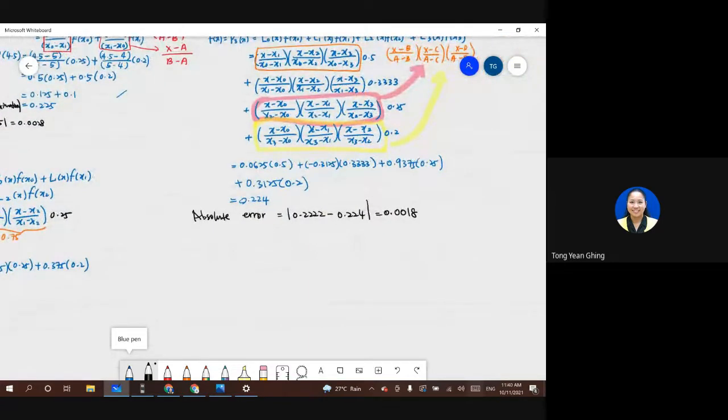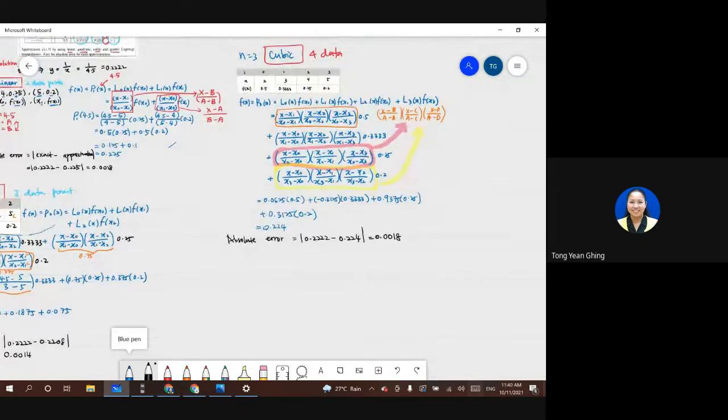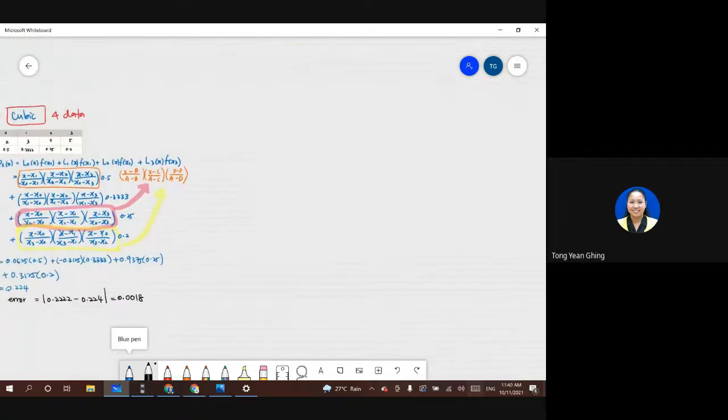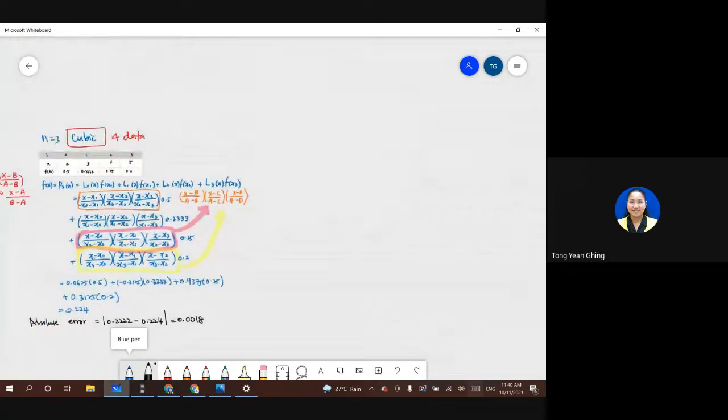Is it correct or not? 0.0018. And then this one is the cubic. And the last one is the quartic, when n equal to 4.